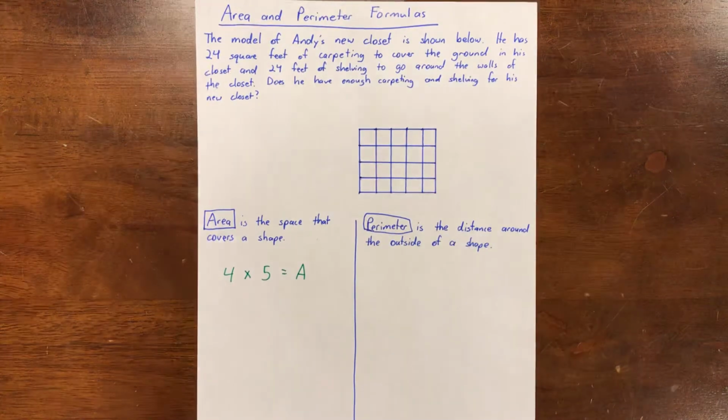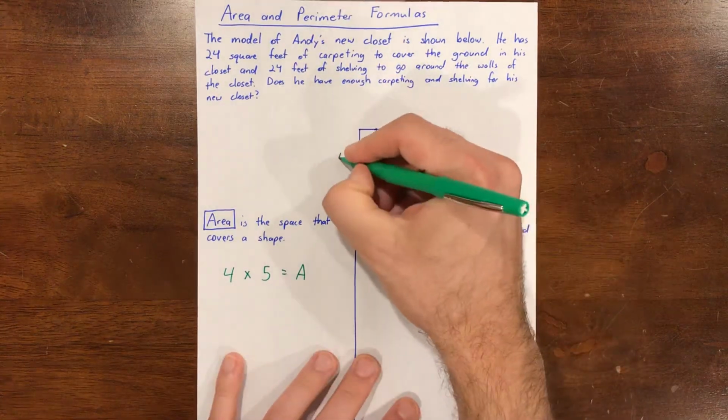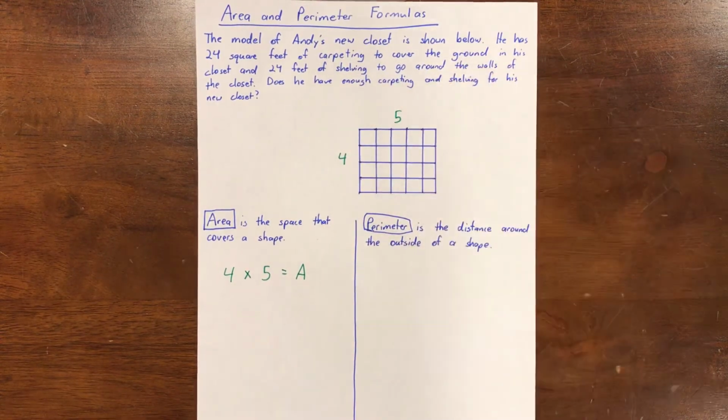Yeah, so we know that there are 4 rows of squares with 5 in each row. So if we take 4 times 5, that's going to tell us the total number of squares that it takes to cover the shape.